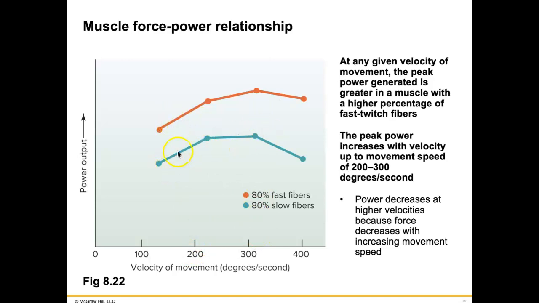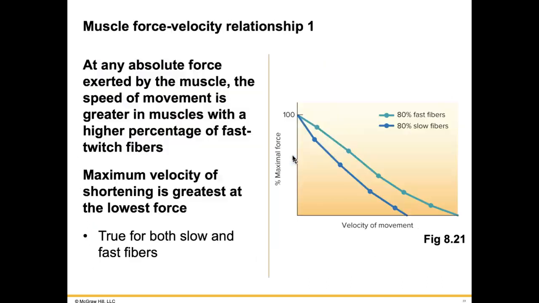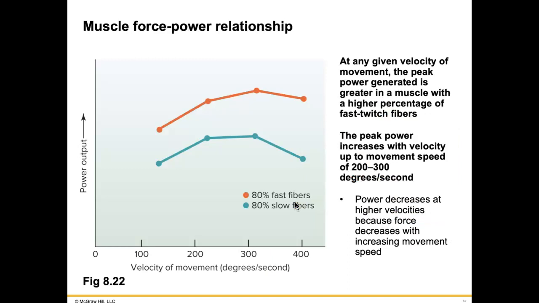So within both muscle fiber types, we are seeing an increase in power as we get within this range, but then we start to see a plateau of power output that takes place with this increasing speed of movement, and that muscular force is going to decrease with increasing speeds of movement. And we can kind of draw back to the previous slide here, where we see that with increasing velocity, we do start to lose some of that force. So that is in relation to this second point here.